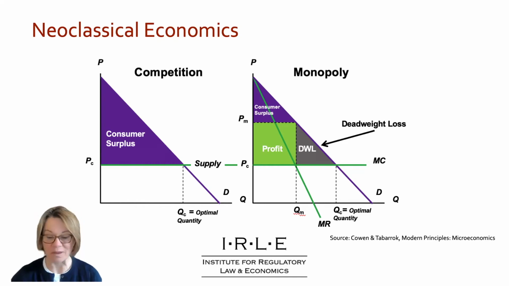If there are a lot of buyers and sellers, a lot of small sellers all selling the good, and it's a homogeneous good, that means those sellers are price takers, which is where you get this horizontal supply curve at that price, which is the marginal cost, the additional cost of producing an additional unit.